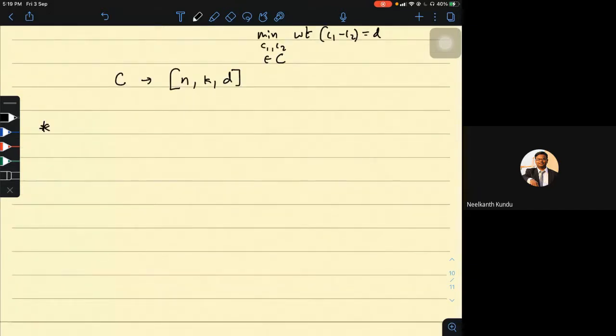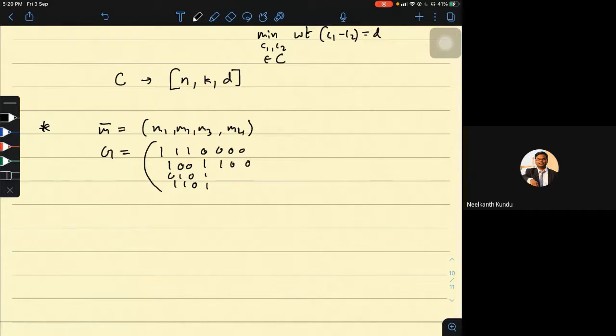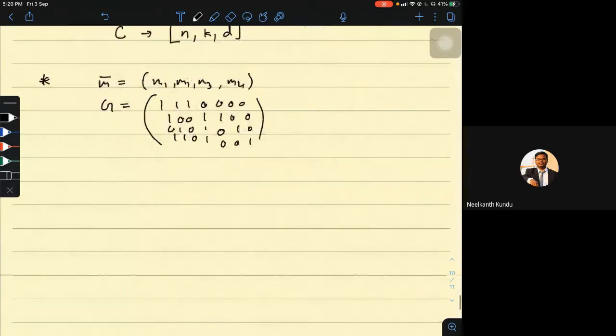Consider the message vector, say a row M1, M2, M3, M4, and consider the matrix G given by 1, 1, 1, and so on. You can see the message has a length of 4, so K is equal to 4.